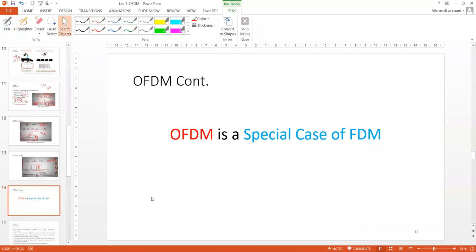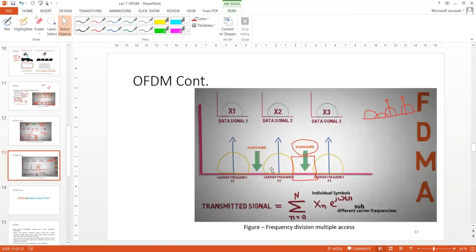Now, we have established up to this point that frequency division multiplexing is more efficient for the transmission of information rather than transmitting your entire information with the help of a single carrier. But we have just seen that in frequency division multiplexing, guard bands are introduced between adjacent channels.